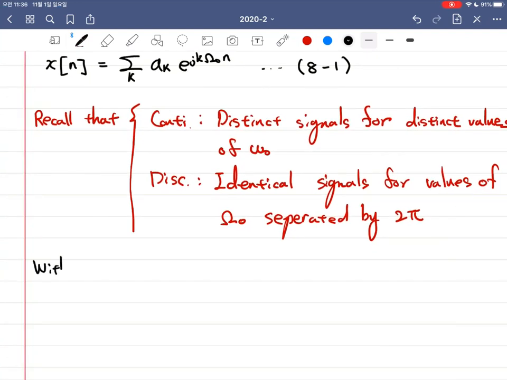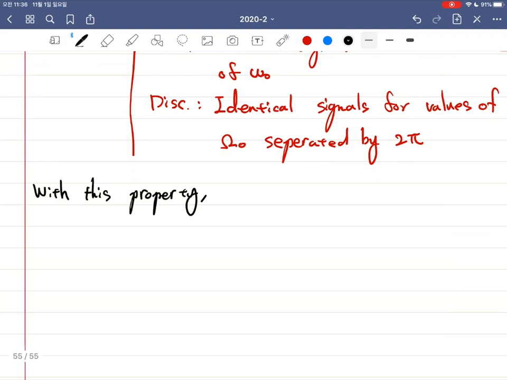So with the above property of discrete time, I can equate e to the j k omega 0 n with e to the j (k plus large N) omega 0 n.